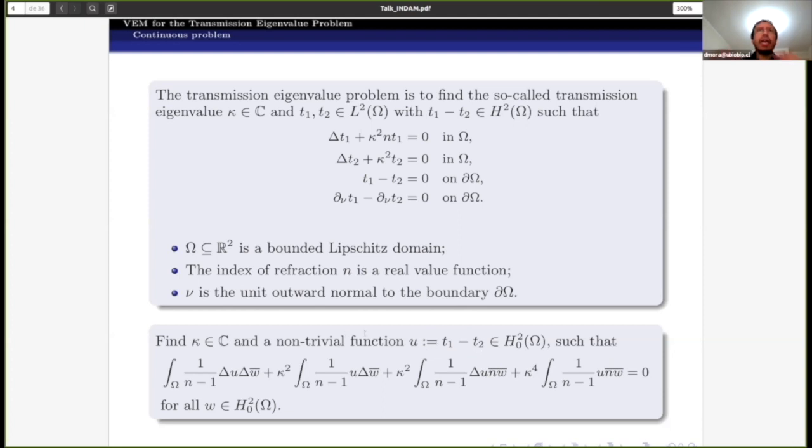So we can rewrite the problem, testing it with a test function, and arrive at the following variational formulation of the problem.